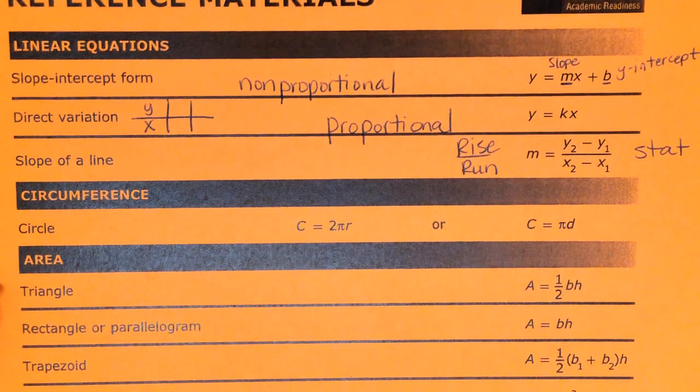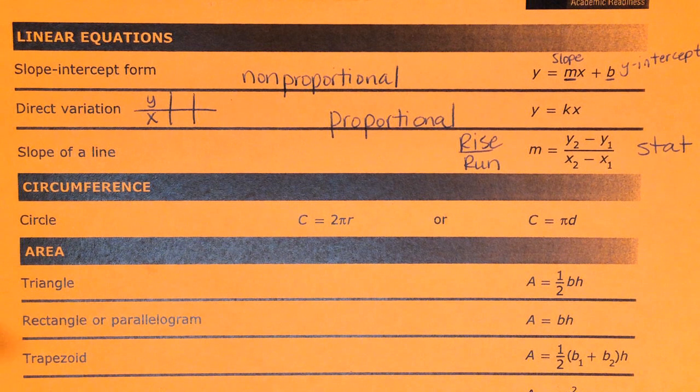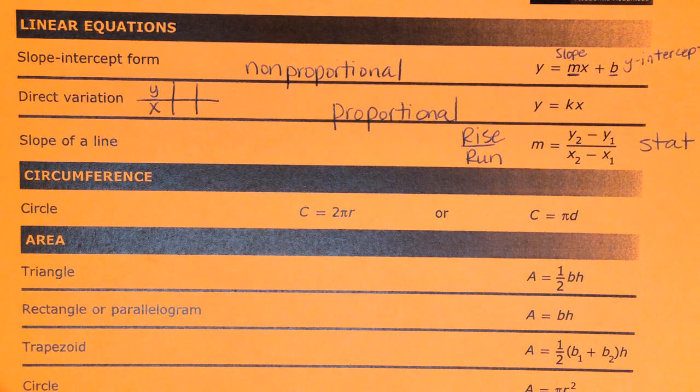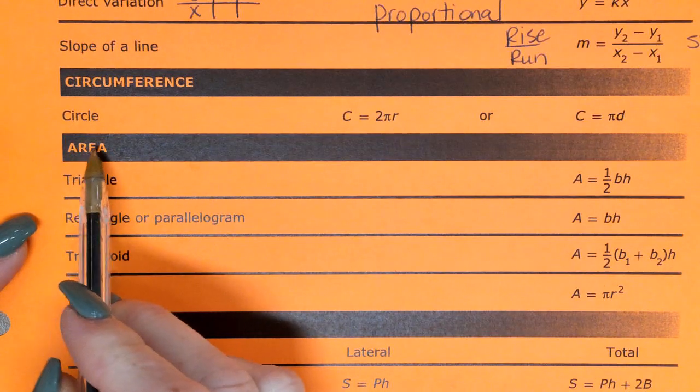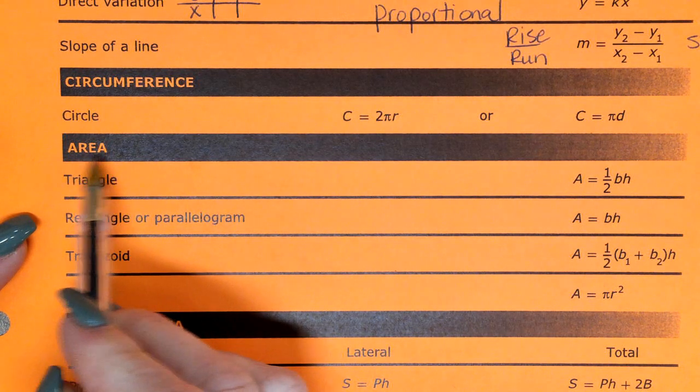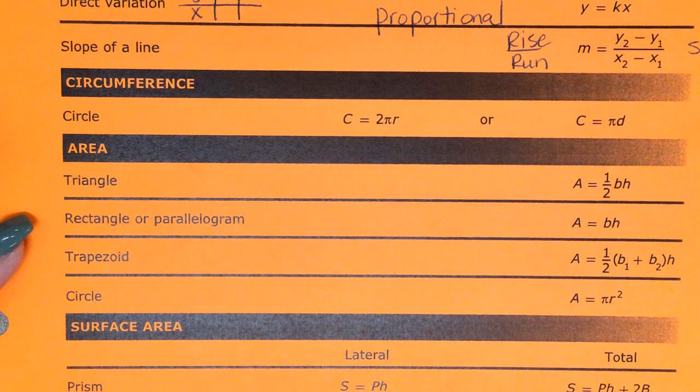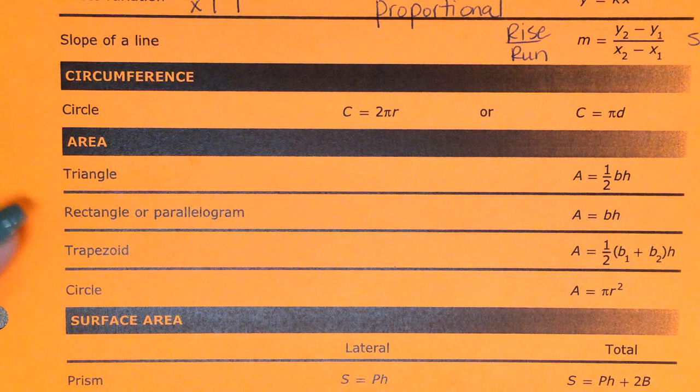Now we're going to get into our unit called geometry. When we come back from Thanksgiving break, we're going to start our 8th grade material, which is called volume and surface area. And it's of 3-dimensional shapes, which means you could touch them, you can move them. There's 3 dimensions, okay? But today we're going to go over this section right here called what? Area. These are the formulas that you learned from 3rd grade through 7th grade.